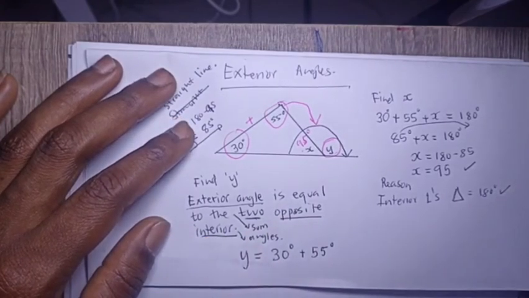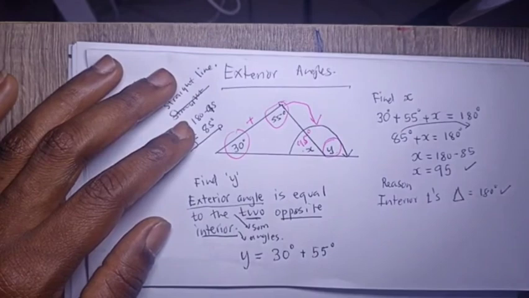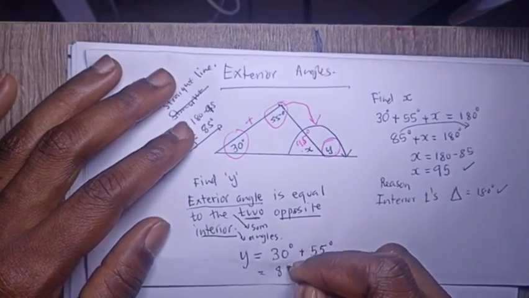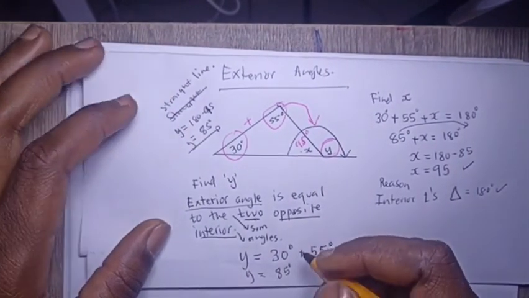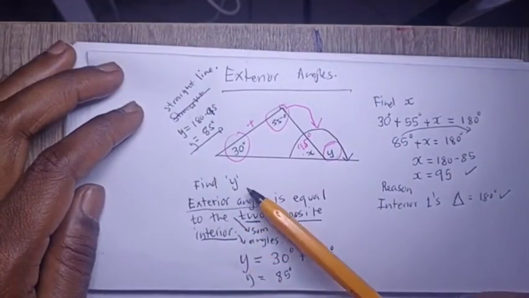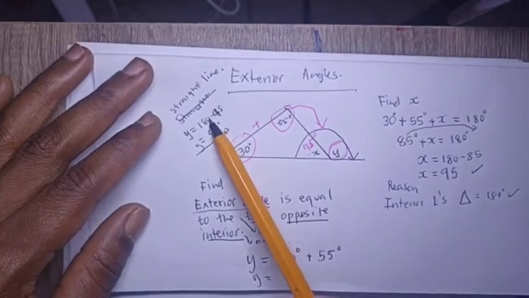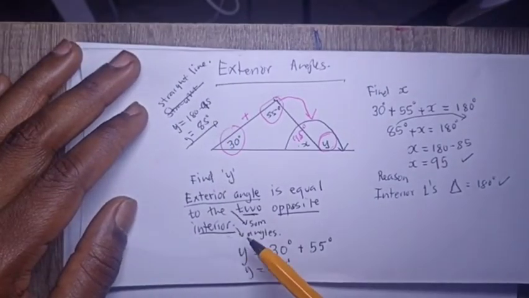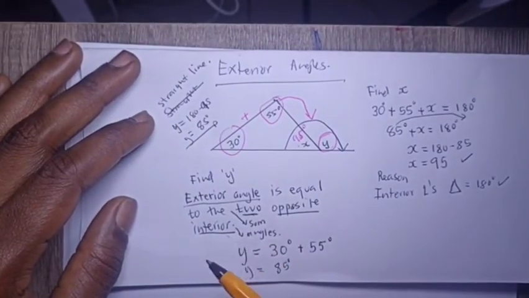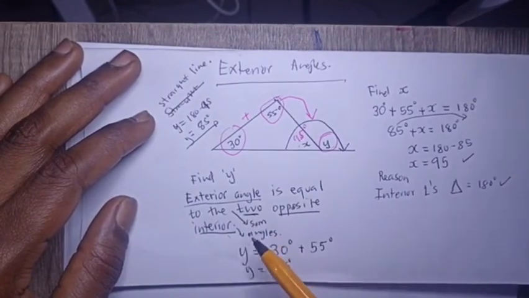So 30 plus 55 is how much? It's 85. In this case, you might be at a point where you choose either this one or this one. But you have to learn this one because there are questions that will require you to use this rule only.